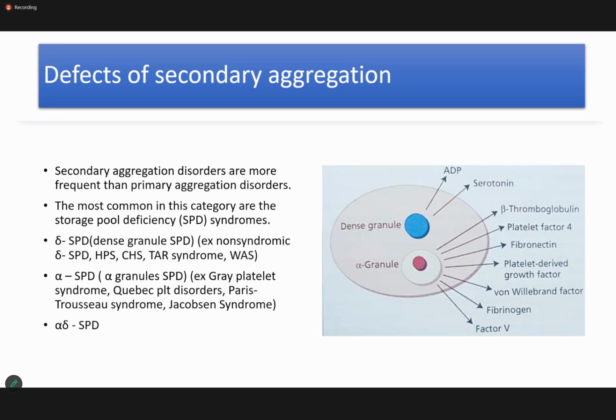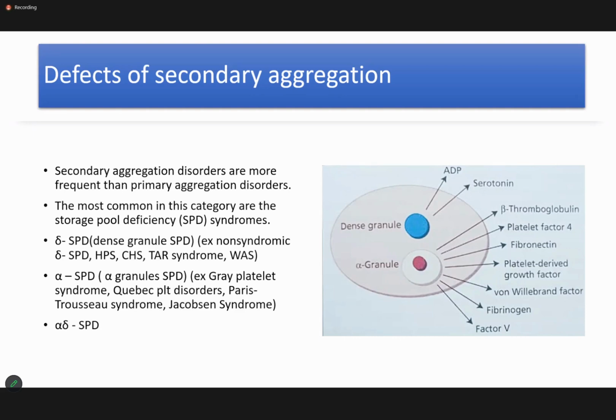and you can have a combination of these two. Examples of dense granule storage pool deficiency are non-syndromic dense storage pool deficiency, Hermansky-Pudlak syndrome, Chediak-Higashi syndrome, TAR syndrome, and Wiskott-Aldrich syndrome. For the alpha granules, there are gray platelet syndrome, Quebec platelet syndrome, and so on.